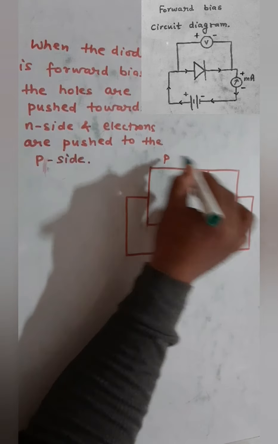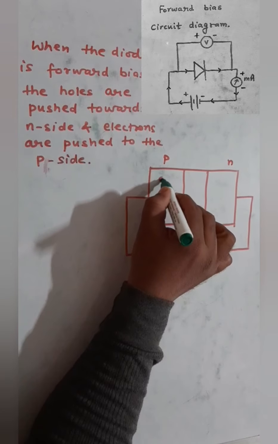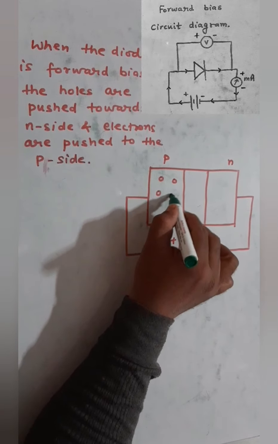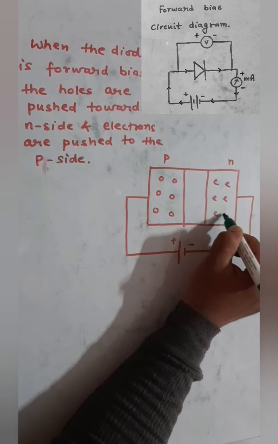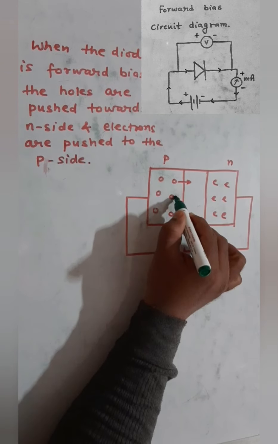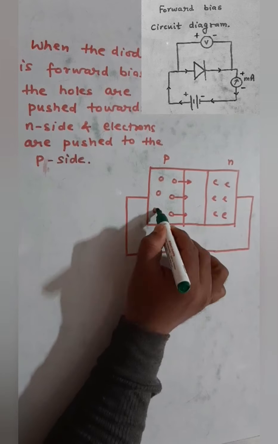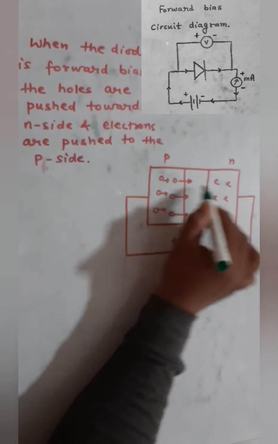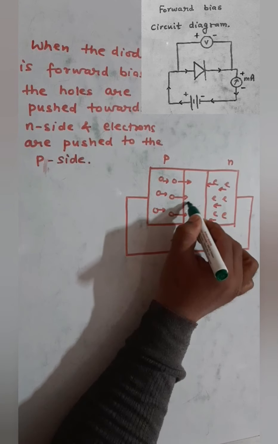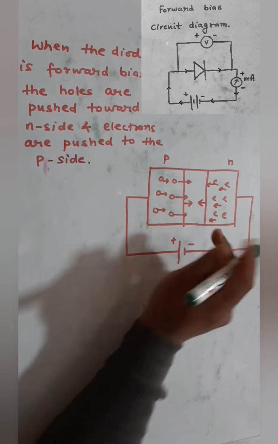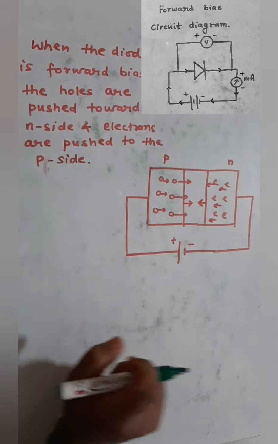This is your P side, this is the N side. So holes are here, and electrons are here. So when you forward bias them, these holes start moving towards this N side, and the electrons will tend to move towards the P side. As a result, the depletion region will start shrinking.